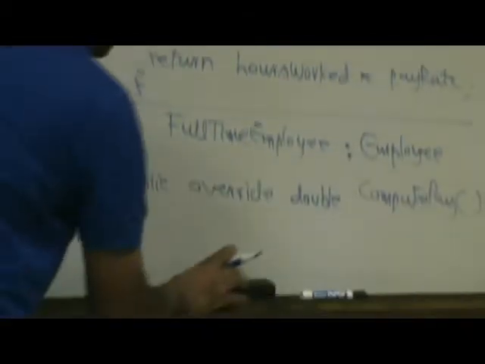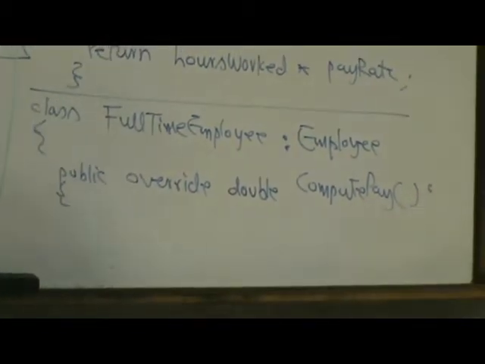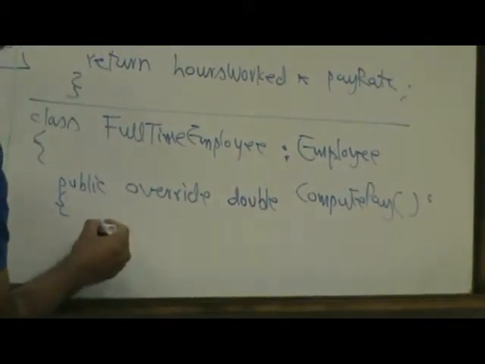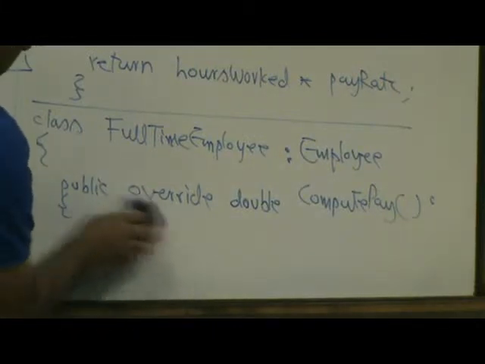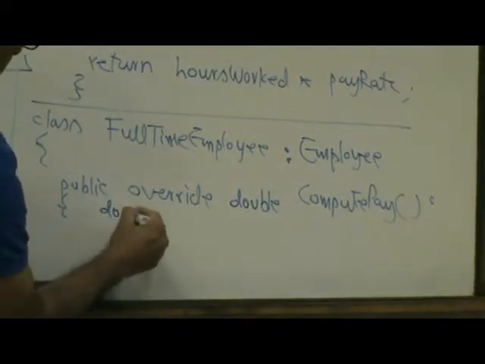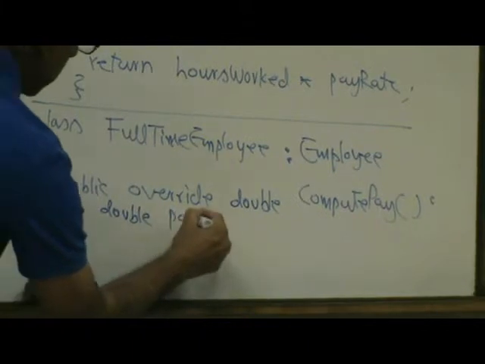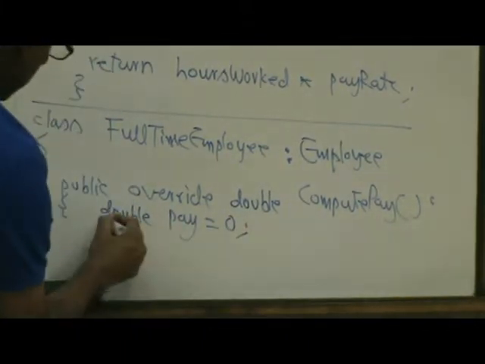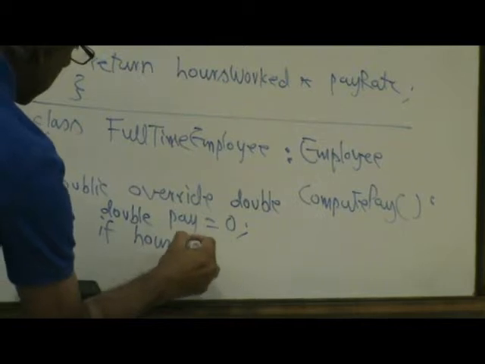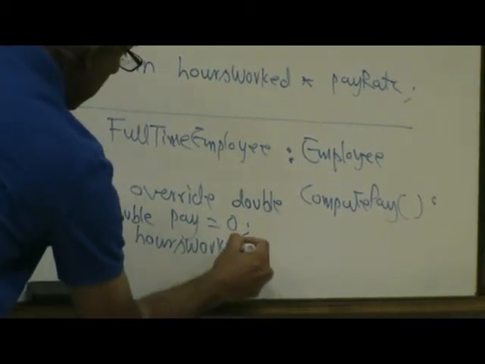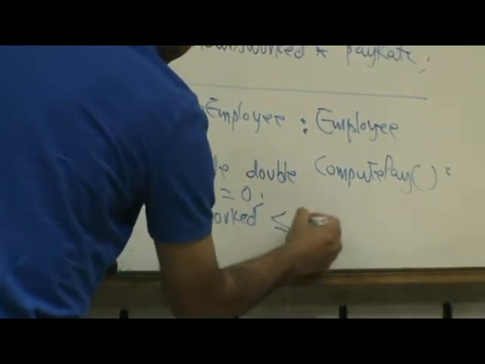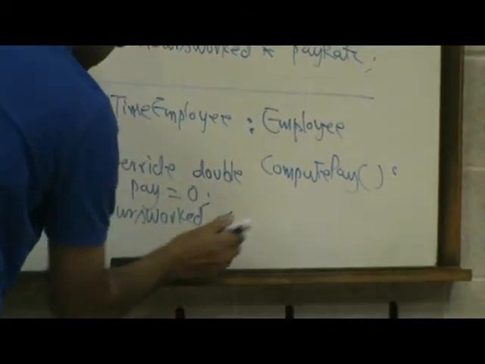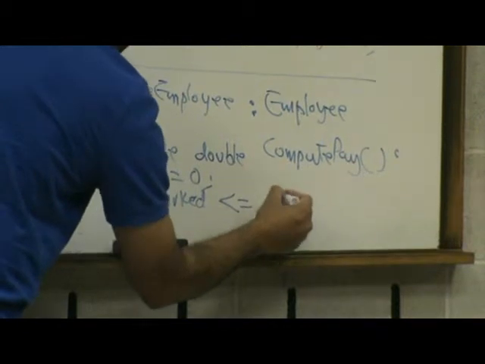So anyway, our code will look something like this. Let's create double pay equal to 0, if hours worked is less than or equal to 40.